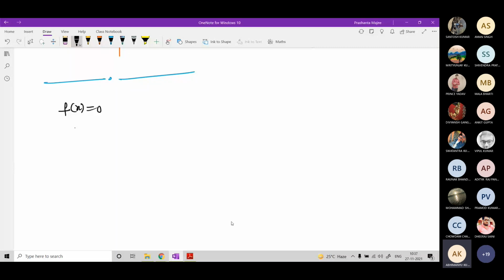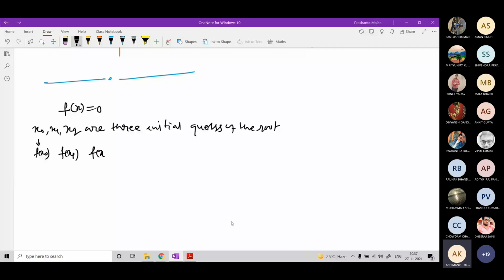So suppose x0, x1 and x2 are 3 initial guesses of the root. What are the corresponding y values? f of x0, f of x1, f of x2.